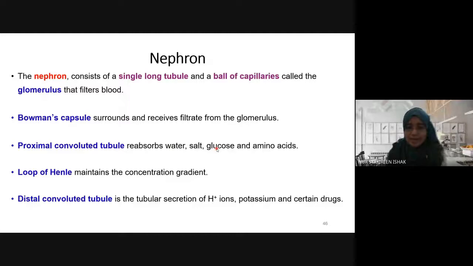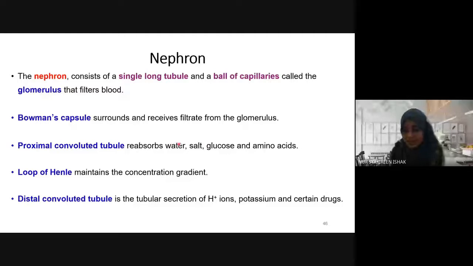Reabsorption maksudnya daripada filtrate masuk balik ke dalam blood vessels. Your body reabsorbs these valuable substances: water, salt, glucose and amino acid. You do not want glucose and especially amino acid to be in your urine. So these substances have to be reabsorbed back into your blood circulation.